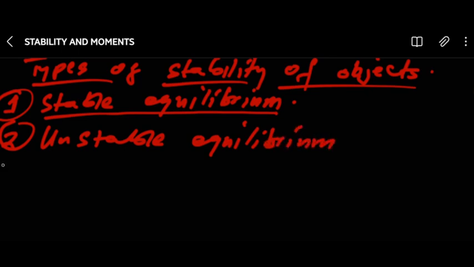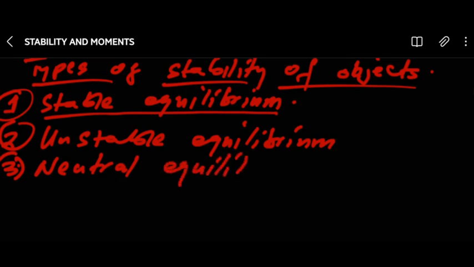Then we have a third one, which is neutral equilibrium. So these are the three types of stability of objects: stable equilibrium, unstable equilibrium, and neutral equilibrium.